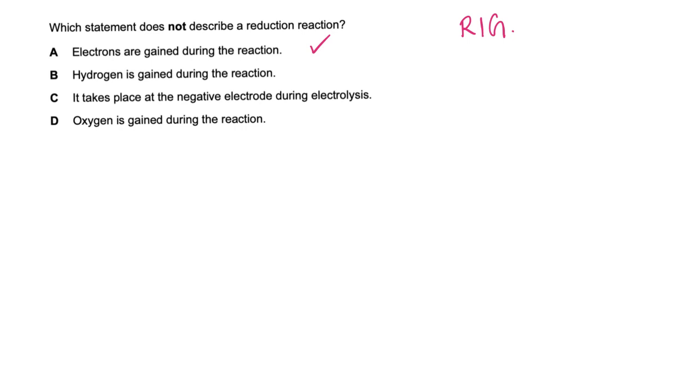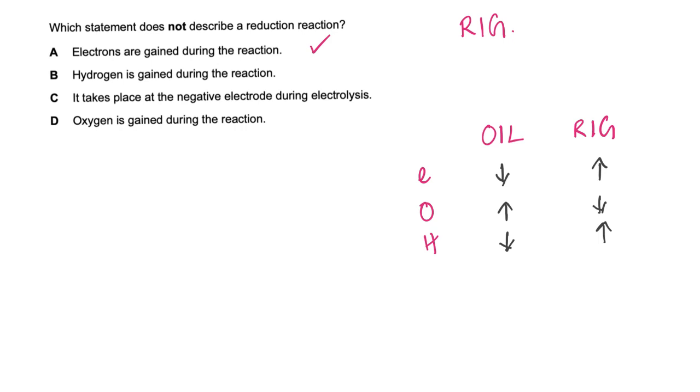Well, if I remember my OIL RIG correctly, and we're talking about electrons, and we talked about oxygen and hydrogen. So this is clearly loss, and this is gain. This is gain of oxygen, and this is loss, and this is loss of hydrogen and gain of hydrogen.